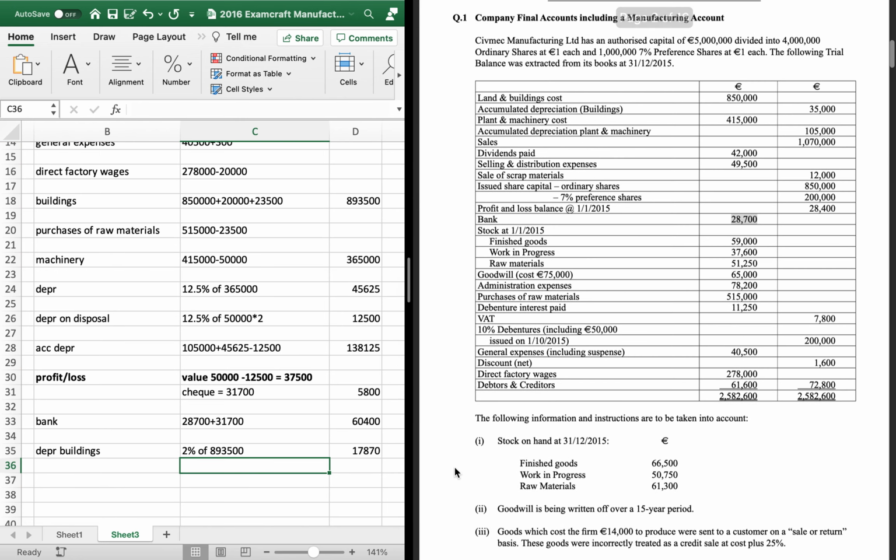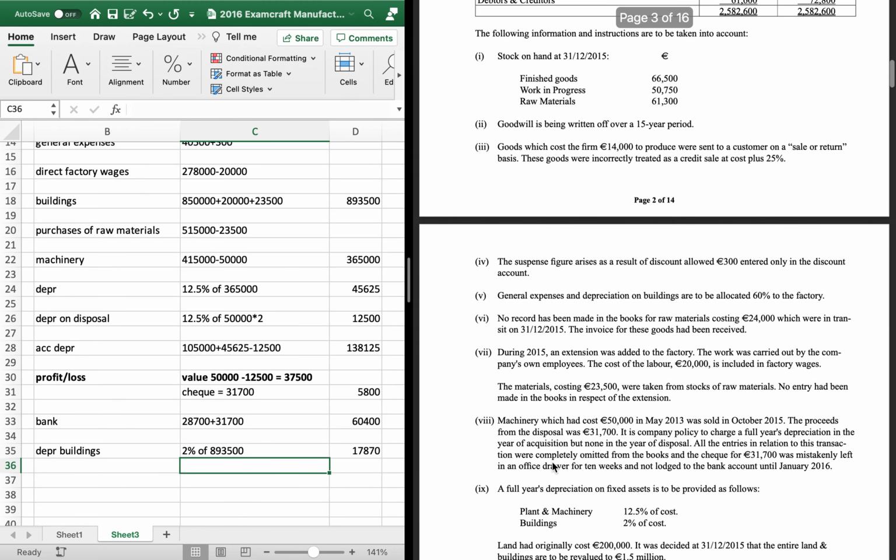Those figures seem wrong. Just check the marking scheme. It seems like a bizarre figure. 893,500. It's 2%, isn't it? It is. Yeah, 893,500. So that's 17,870.